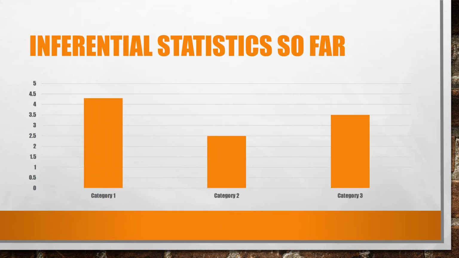And when we do inferential statistics with a T or an F, say we have three categories, so in this case we would do an ANOVA because we have three categories. Or the same thing goes for a t-test. What we want to know is, is there a difference between the sample means?